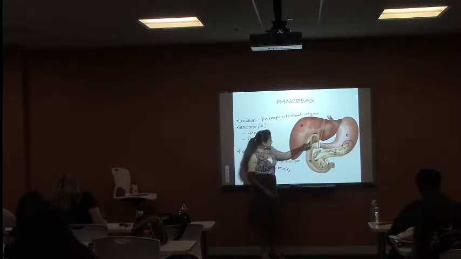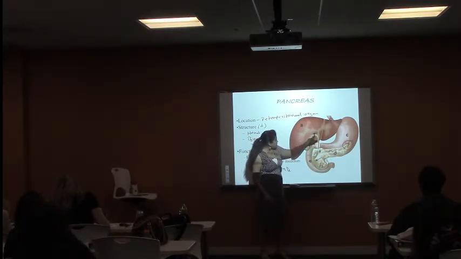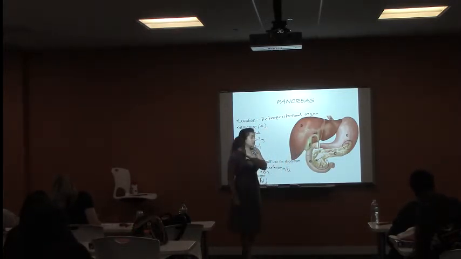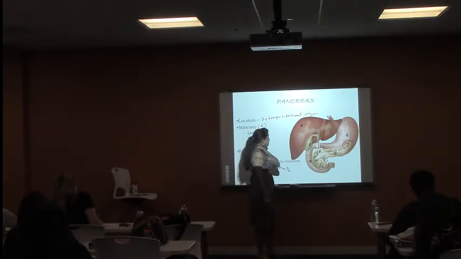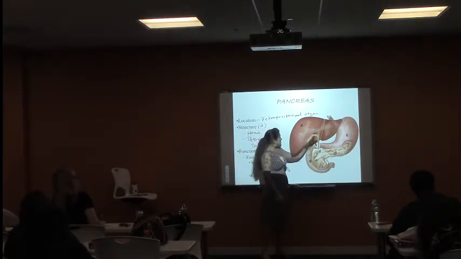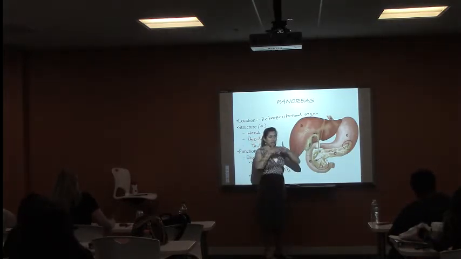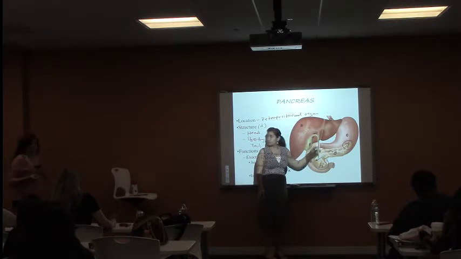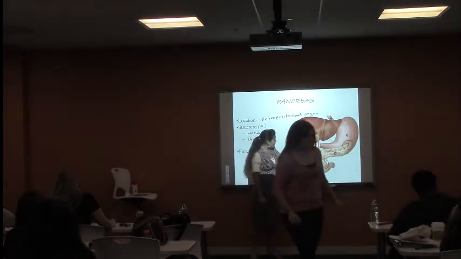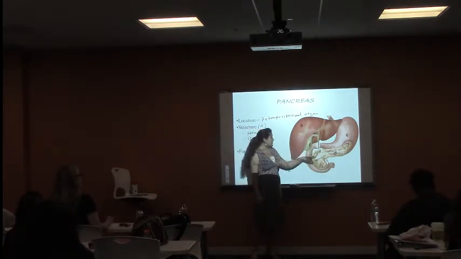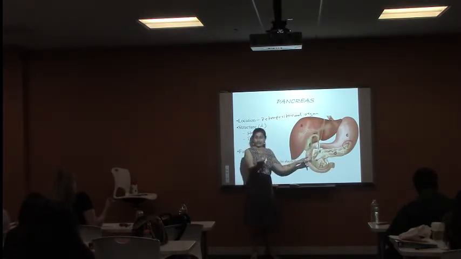Now, this is the gallbladder, and you see this branch-like structure? That's called the cystic duct. This part right here is the hepatic duct. The cystic duct and the hepatic duct come together forming the common bile duct. Does that make sense? And then the common bile duct pierces the duodenum. So anything from the gallbladder has to go through the cystic duct and then enter the common bile duct, and it can enter the duodenum.